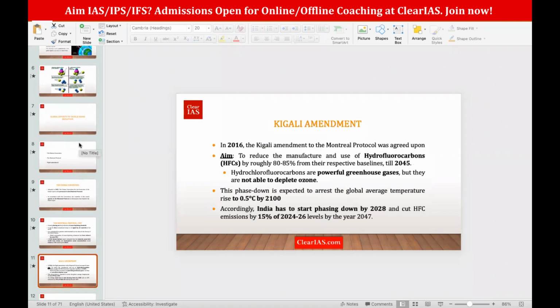Then in 2016 we amended the Montreal Protocol. There was an alternative to CFC called HFC. Although it is not an ozone depleting substance, it has high global warming potential. So we are trying to eliminate HFC through the Kigali Amendment.